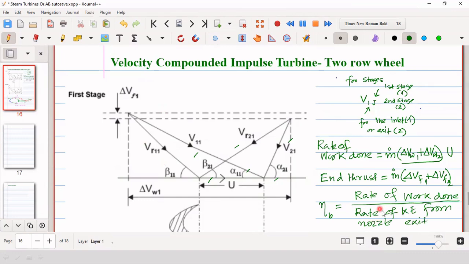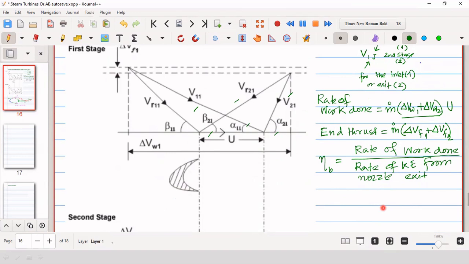Since you have only one nozzle here, so we know that. If we have, say, two stages, then we can easily write that. So it is m dot multiplied by delta Vw1 plus delta Vw2 multiplied by capital U, that is the power developed, divided by m dot into V1, so it will be basically V11 square by 2.